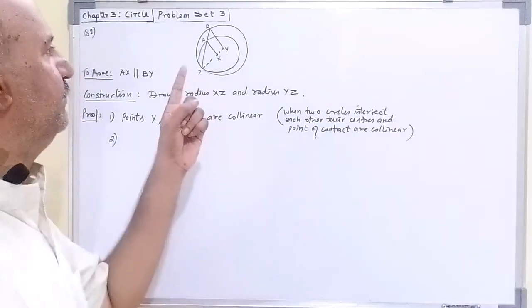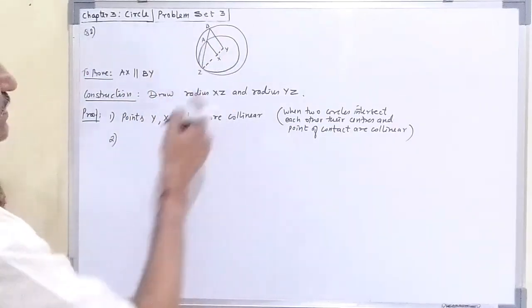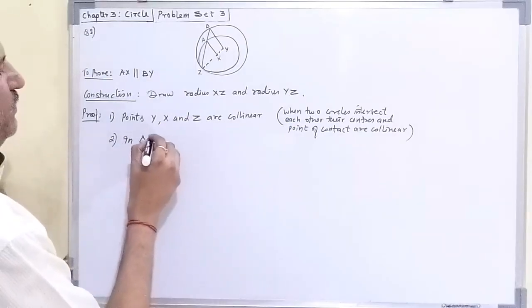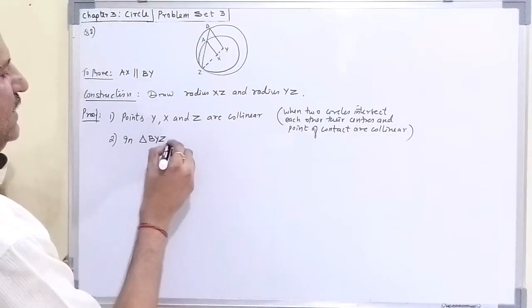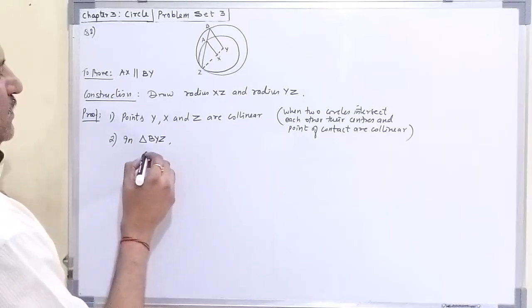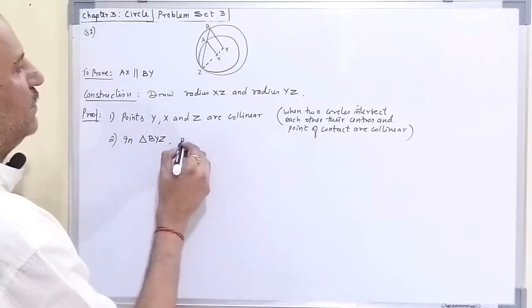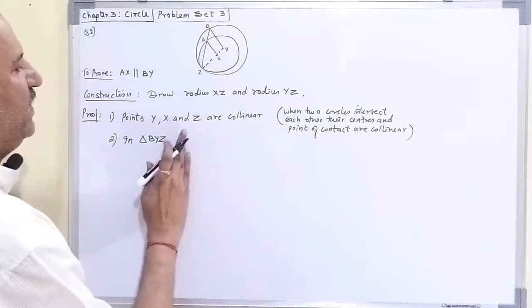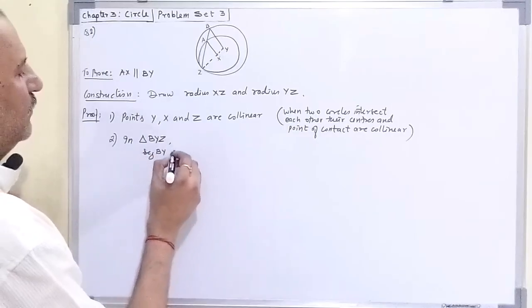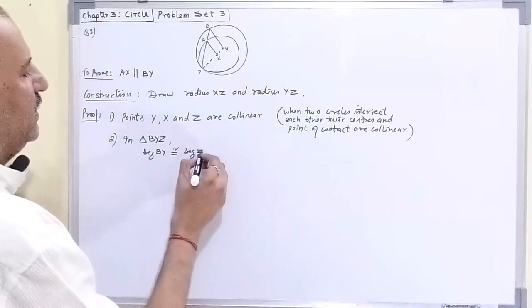Please see this carefully. पहले हम लोग एक छोटा ट्राइंगल लेते हैं, नहीं, बड़ा ट्राइंगल लेते हैं. इन ट्राइंगल BYZ, seg BY कॉन्ग्रुएंट seg ZY.